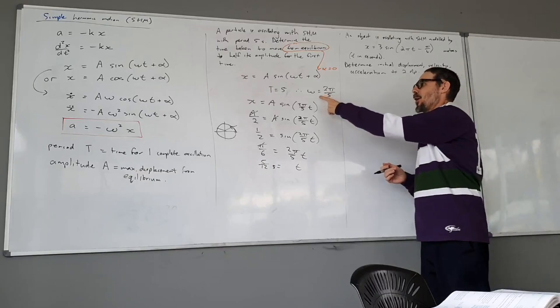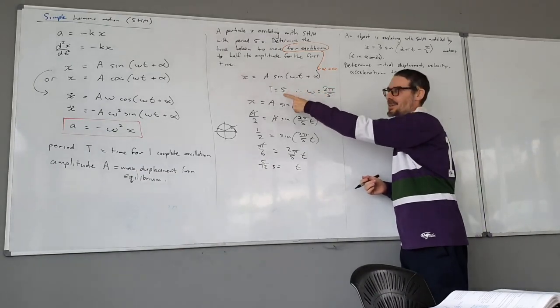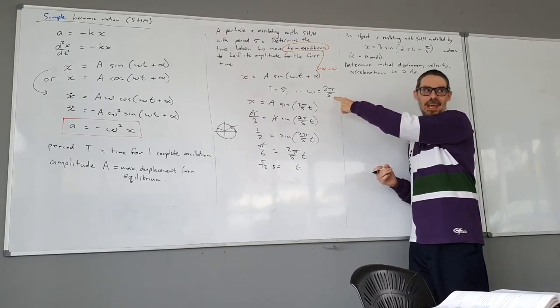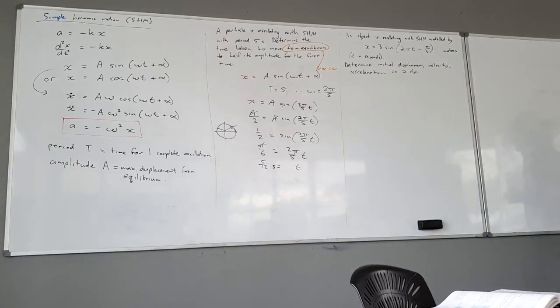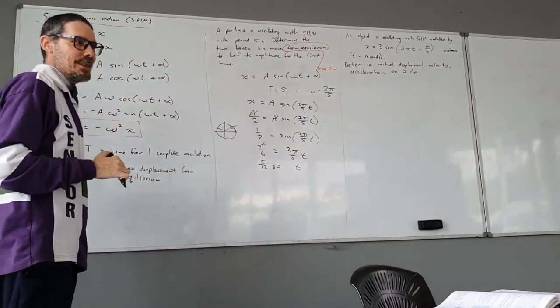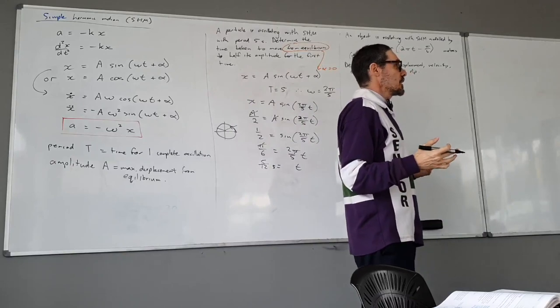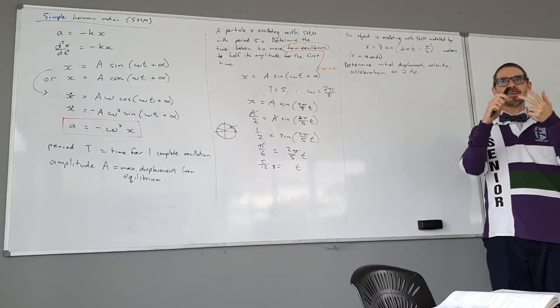If you want a name for omega, this is the period, so this is the frequency. But it's actually the angular frequency, because it's got 2 pi in it. It's not just 1/5. In physics, we used to do a whole lot of stuff with angular motion. So you've got displacement, velocity, acceleration.